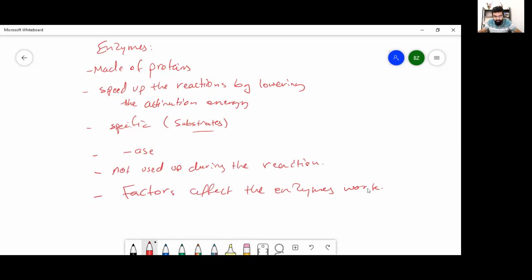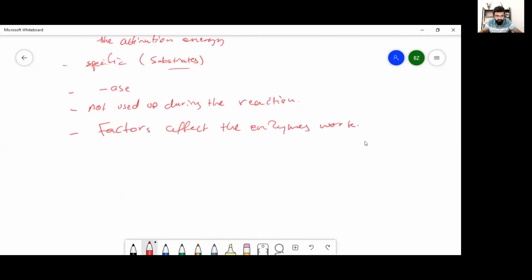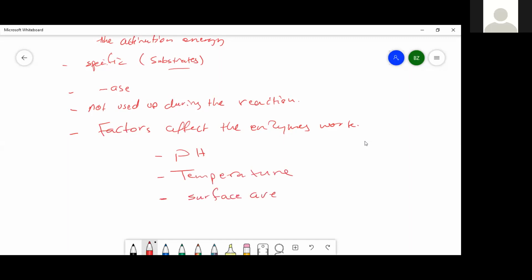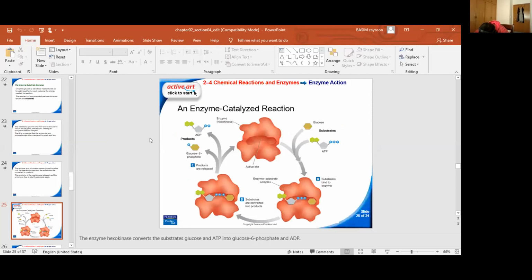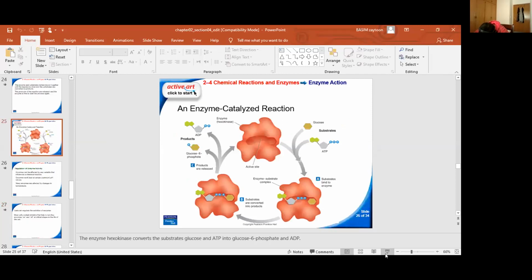The main factors: number one, pH; number two, temperature; and number three, the surface area. Let's move on one by one and understand what these factors are and how they affect the enzymes' work.